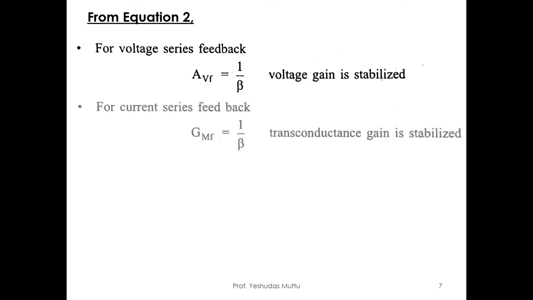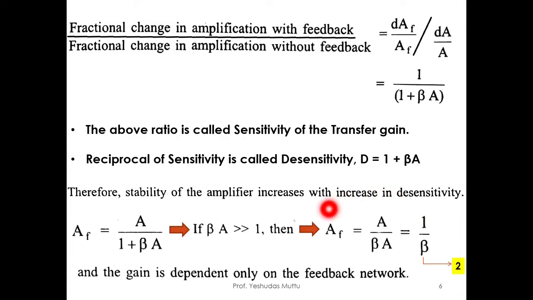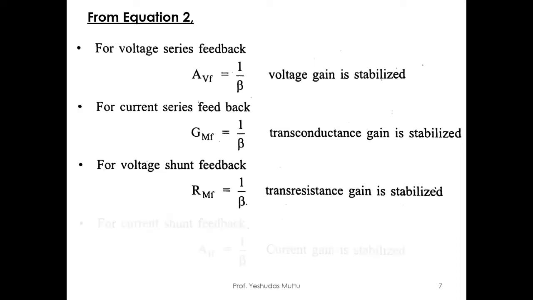So from this I can write for the other remaining amplifiers: voltage series feedback, current series feedback, voltage shunt feedback, current shunt feedback. These all things we have studied in the last videos. Now AVF is equal to 1 upon beta. This was a general equation which we had found out over here. Now we are writing it specifically for the amplifiers which we have studied.